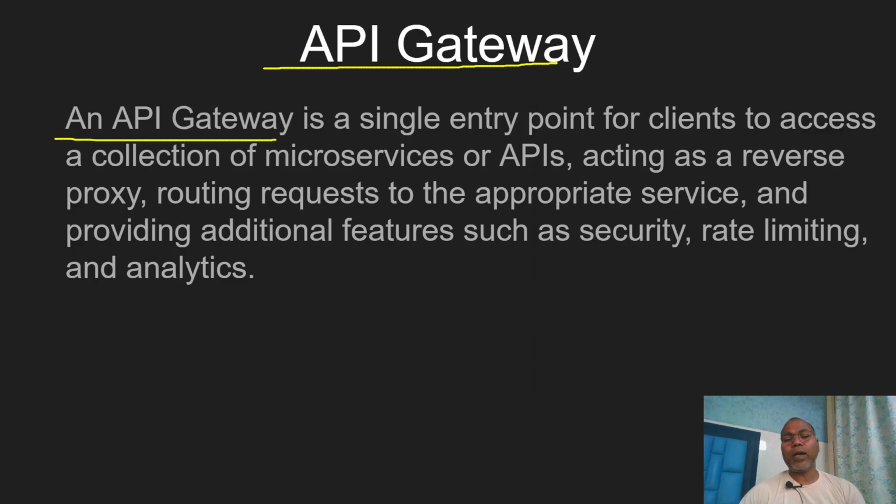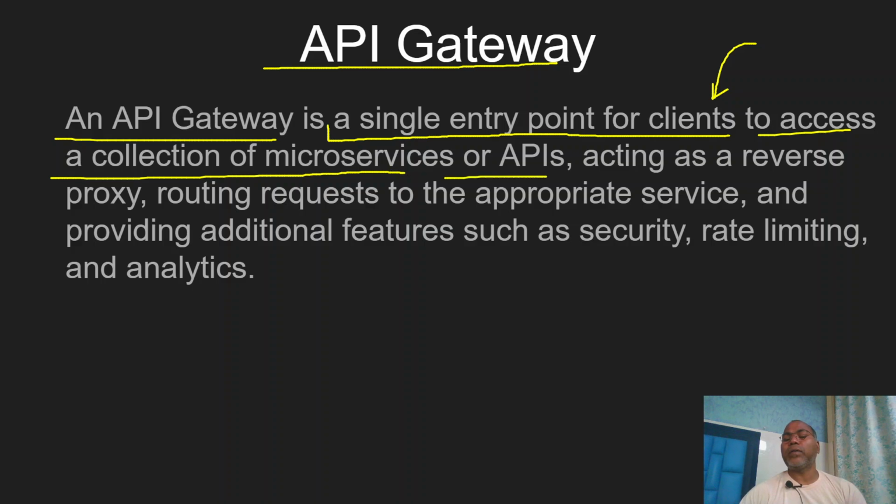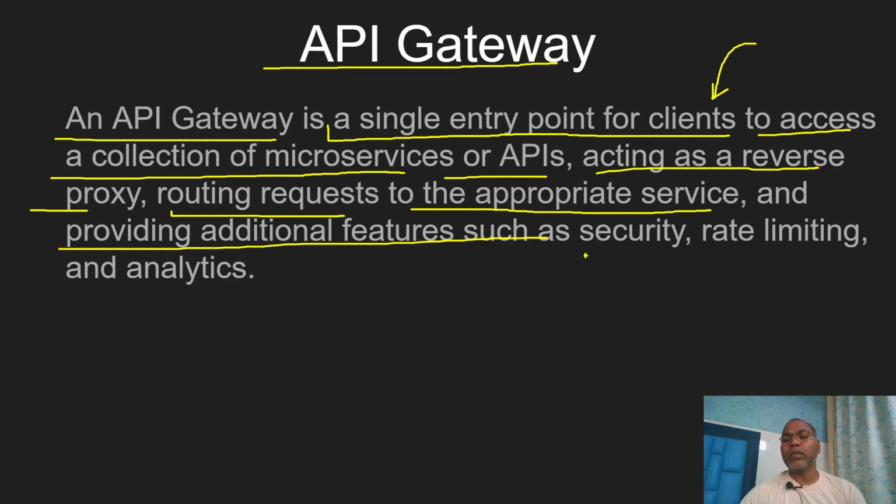As I mentioned, the API gateway is a single entry point for the client, where client means customer, mobile application, front-end application, anyone, to access the collection of microservices or APIs, acting as a reverse proxy and routing requests to the appropriate services. Its major function is to route the client request to a specific microservice API. This is the primary objective.